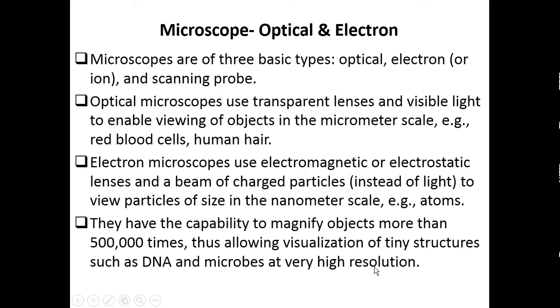That is why electron microscopes are very widely used for surface characterization, to study DNA and microbes, very small microbes or viruses. Sometimes viruses and bacteria are usually studied with the help of electron microscope.